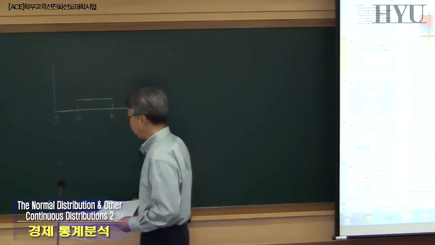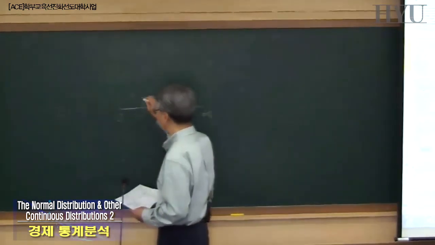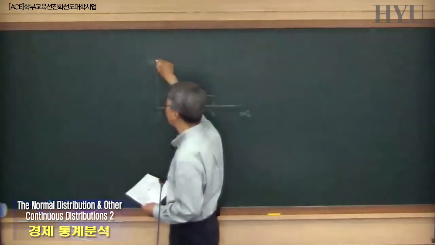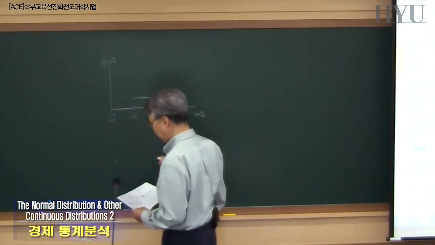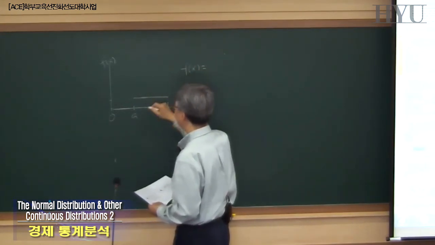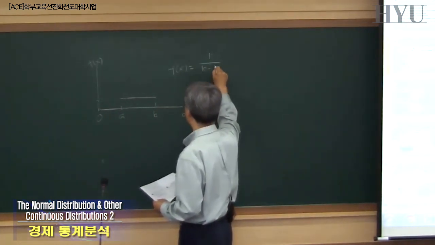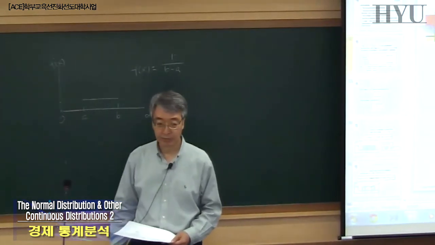Well, we can be a little more specific. We can say a little better than that, right? If this is the probability density function, we can find exactly the functional form. f(x) within A and B is 1 over B minus A, the maximum value minus minimum value.